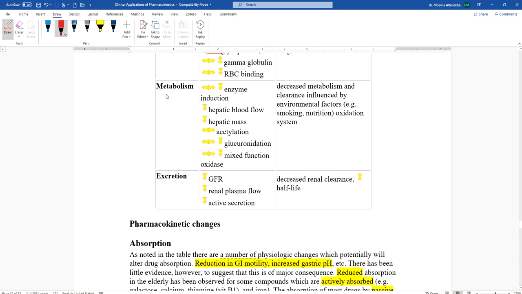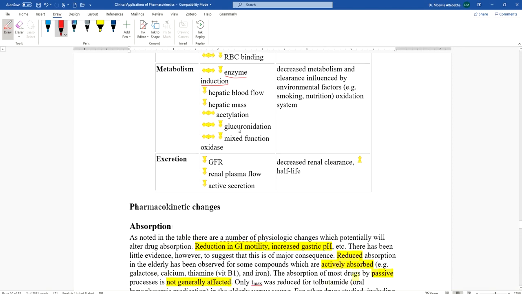طيب الميتابوليزم بنلاقي انه الانزيم induction what induces enzyme decreases, not as usual. Hepatic blood flow decreases. الهيباتيك ماس اللي هو الماس تاع الليفر decreases. الاسيتايليشن does not change, بينما الجلوكورينيديشن والميكست اوكسيديز function decreases.